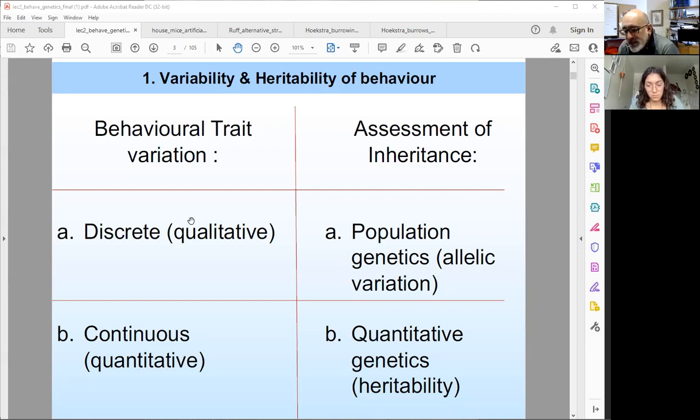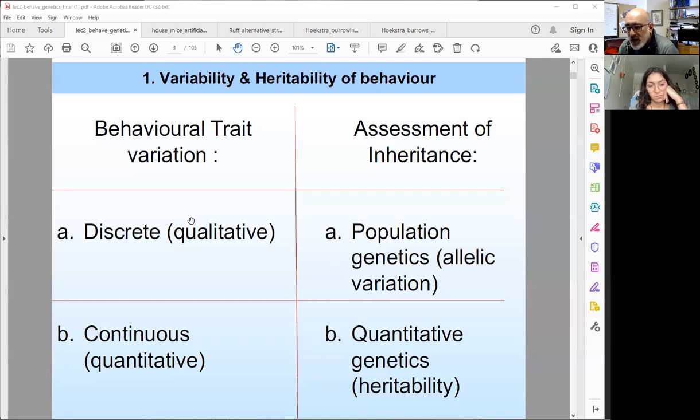And there are different ways that we can assess whether these traits are heritable or not. If we're looking at discrete variation, we can look at Mendelian inheritance of traits, right? And it's taking what we call more of a population genetics approach. Whereas when we look at continuous traits, like continuous variation in a behavioral trait, we use quantitative genetics, right?